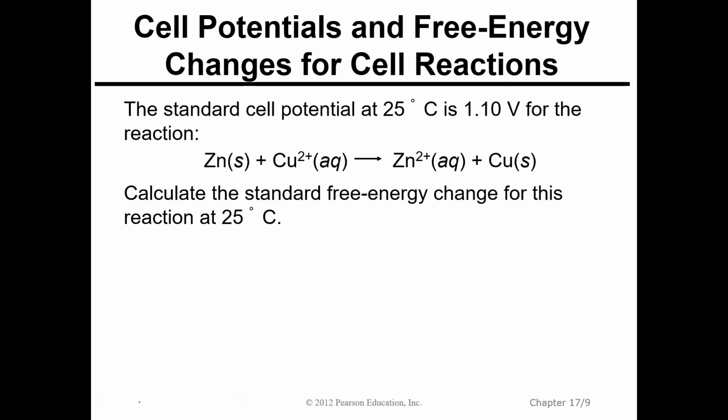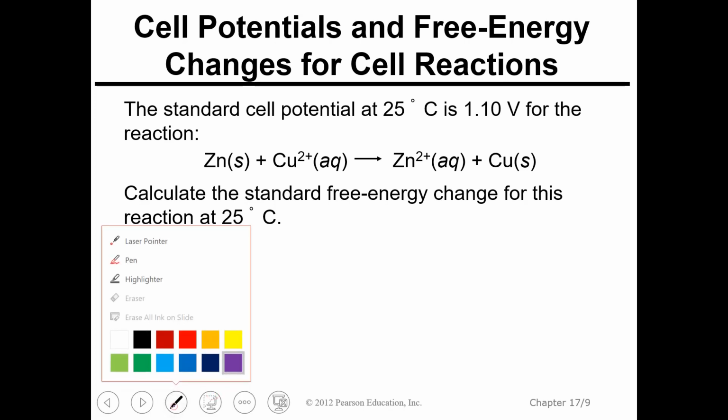The standard cell potential at 25 degrees Celsius is 1.10 volts for the reaction zinc plus copper 2 positive gives us zinc 2 positive plus copper. We want to calculate the standard free energy change for this reaction at 25 degrees Celsius.